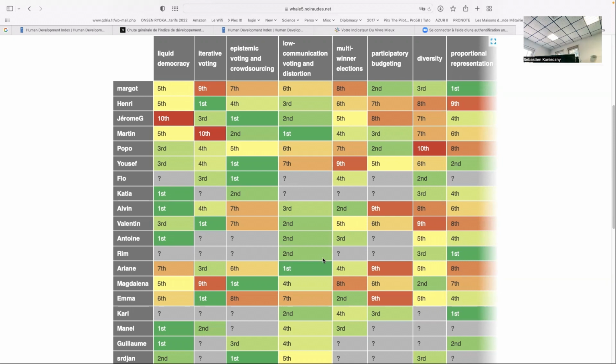So for instance, if we take the selection liquid democracy, iterative voting, and low communication voting and distortion, for Margot you take this one, which is the best of the 3, and you take the Borda score that corresponds to this. For Henri, this is the Borda score that corresponds to this because this is the best of the 3, and so on. And you maximize over all triples of topics.